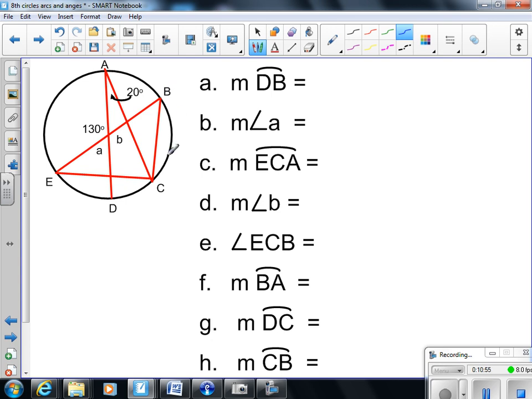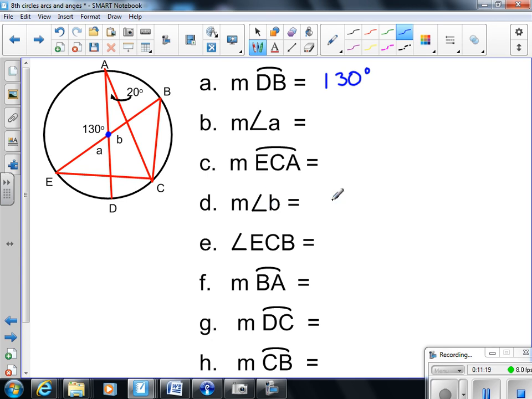What do you notice about this arc? Find its central angle. Its central angle is angle B. And what is the measure of that angle? Okay, 130 degrees because those two are vertical angles. Very good, using your previous knowledge. Therefore, the measure of that arc will be 130 degrees.